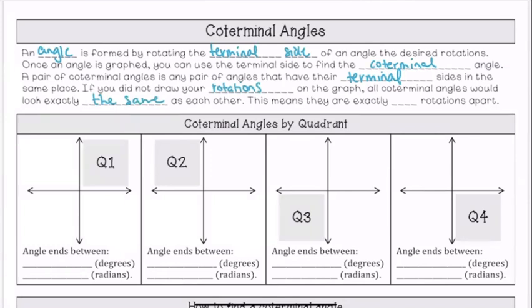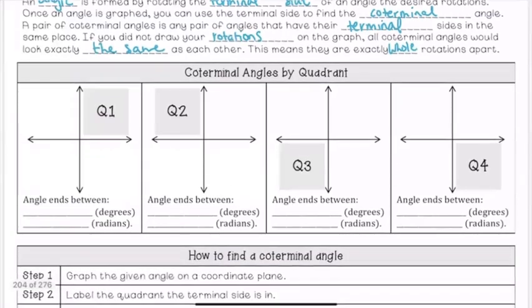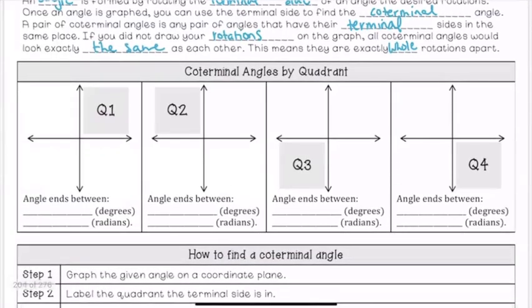This means they're exactly whole rotations apart. They have the same terminal end. 1 rotation, 2 rotations, 3 rotations, 4 rotations, because they end in the exact same spots, they have to be whole rotations. Good.